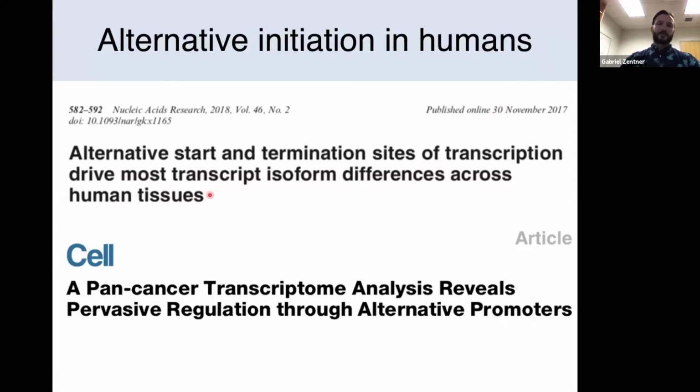So we often think of alternative splicing as being the dominant contributor to transcript isoforms, but initiation and termination are not to be underestimated. And that's normal physiology, but in cancer and also other disease states I should mention, there is actually a pervasive rewiring of transcription initiation that, again, could have various consequences on later stages of gene expression.